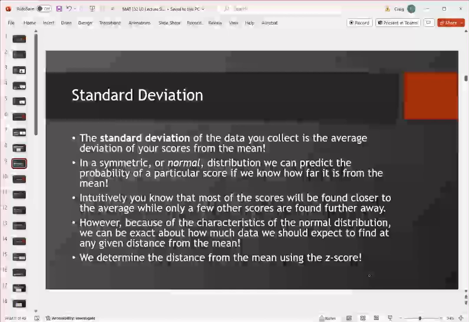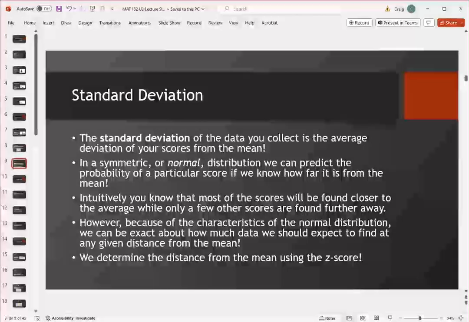Now, with any type of variable that we're trying to measure, we talked about means, but we also talked about the standard deviation. And remember, the standard deviation is essentially the average deviation of your scores from the mean.